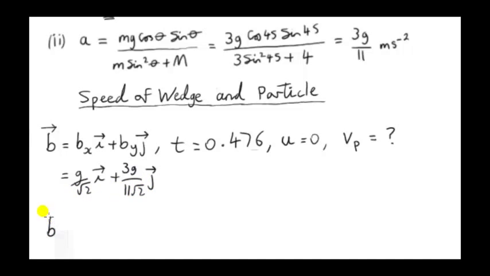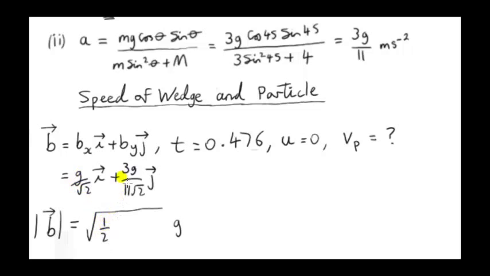We want the magnitude of this vector. So we have to take the sum of the squares of the components. We get a g squared from both squares, and the square root of g squared is g, so we can take that g outside. The square root of g squared is g.